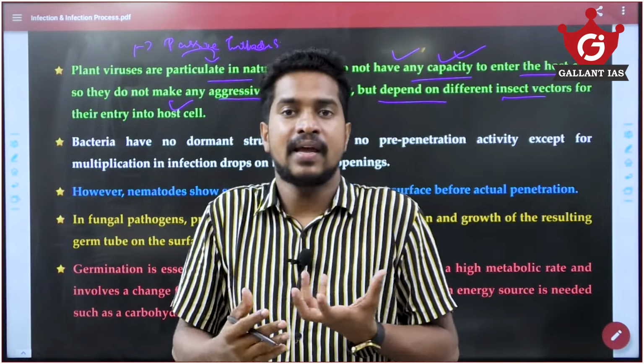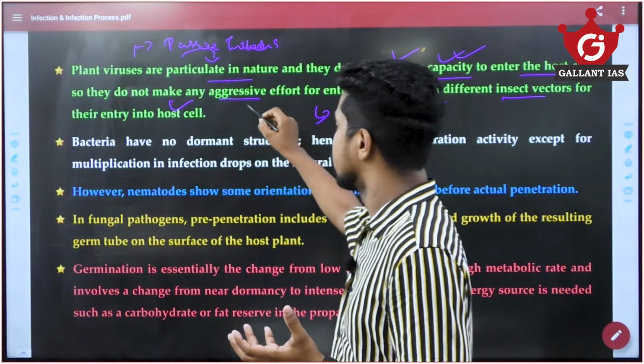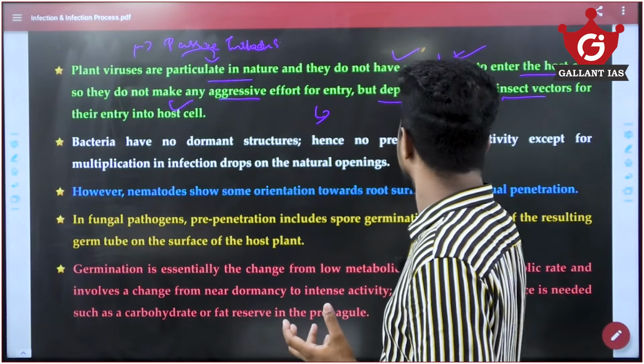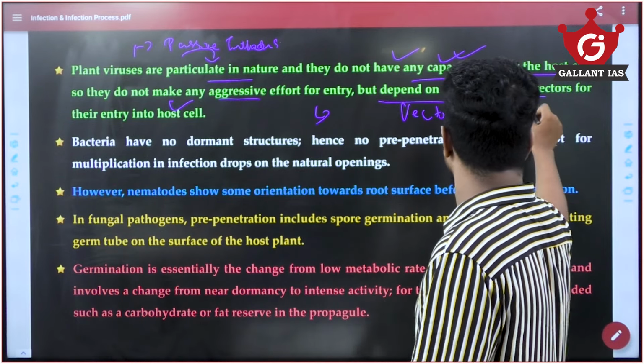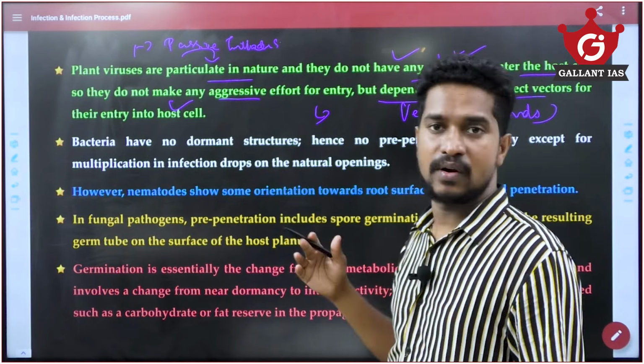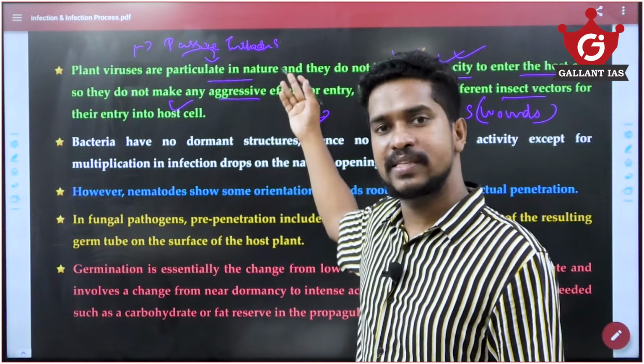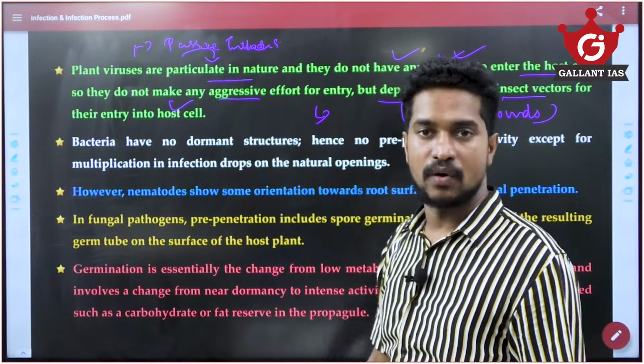Plant viruses mainly enter into the host cell through a vector. The vector can be an insect, or through wounds on the plant. Through those wounds also, these viruses can enter into the host cell.